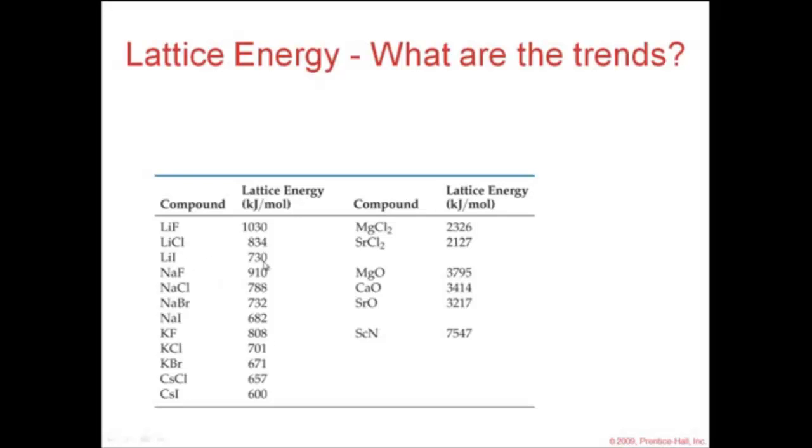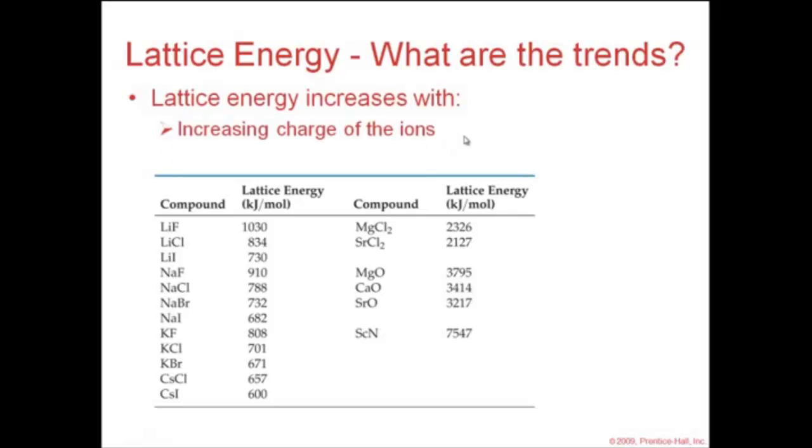So it's less energy for a larger ion than it is for a smaller ion. The smaller, as you can imagine, the more those nuclei and the charges get involved in holding that lattice together. But the biggest impact is the impact of the charges. So lattice energy increases with two things. The first and most important is increased charge of the ions, and the second thing is decreasing size of the ions.